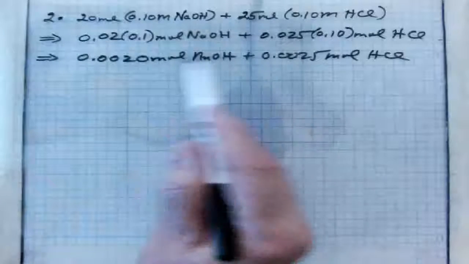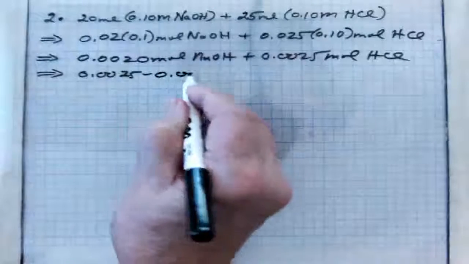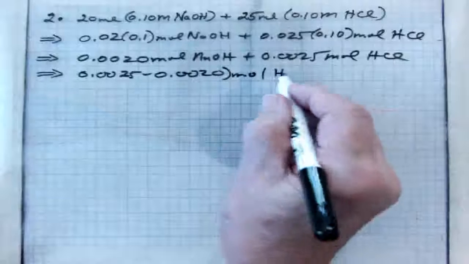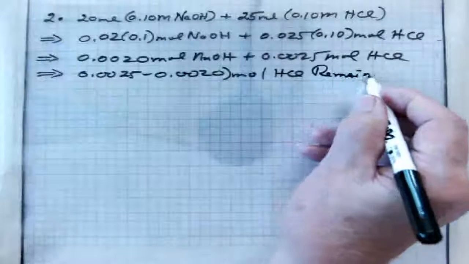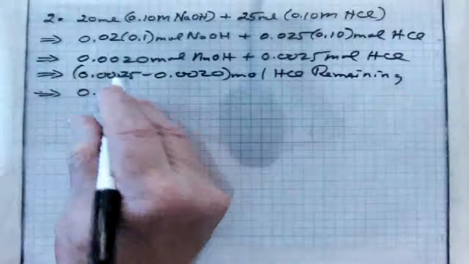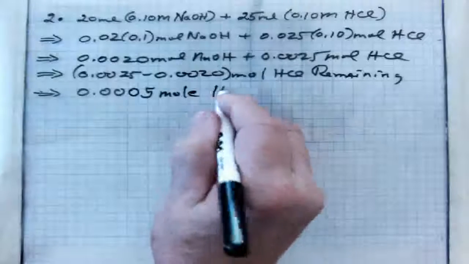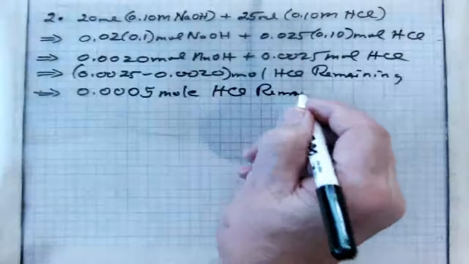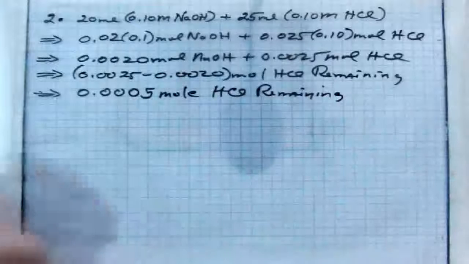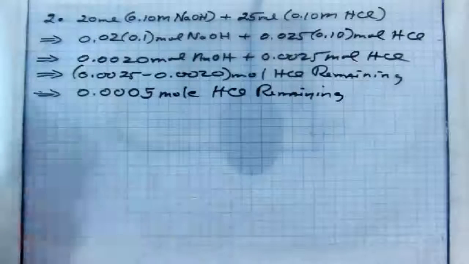So we subtract those two: 0.0025 minus 0.0020 mole HCl remaining. It is 0.0005 mole of HCl remaining. Okay, see the trend. Of course, the calculation of the pH is minus log of the hydronium ion concentration in moles per liter.